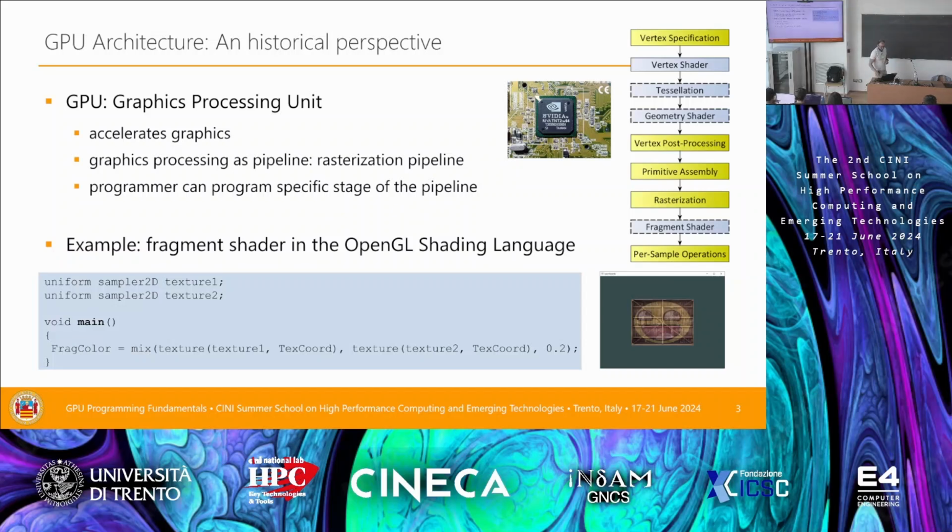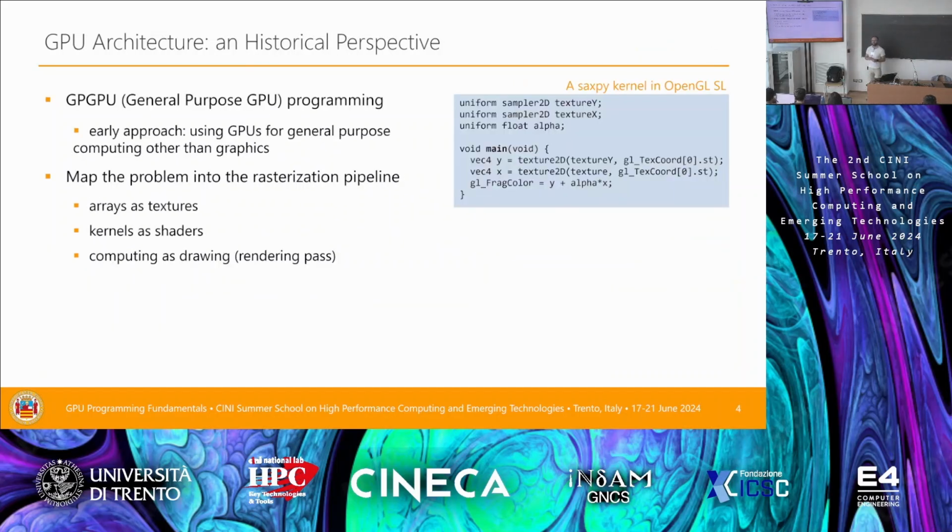Then later we had the evolution, which was the early steps of GPU. So the idea to use those GPU to solve problems, not just rendering. And this was very popular a long time ago, even though GPU were not yet ready. For instance, they were not yet supporting 64-bit IEEE standard.